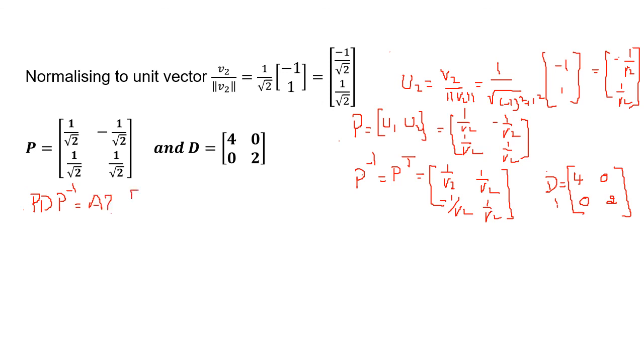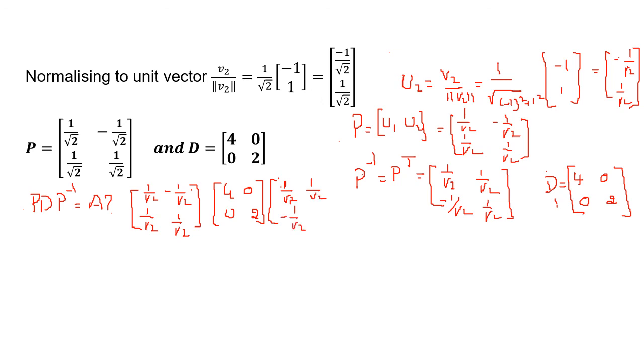Here we have P equal to [1 by root 2, minus 1 by root 2; 1 by root 2, 1 by root 2] multiplied by [4, 0; 0, 2]. It is further multiplied by P transpose. P transpose is given by [1 by root 2, 1 by root 2; minus 1 by root 2, 1 by root 2].